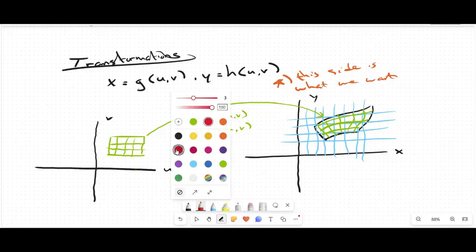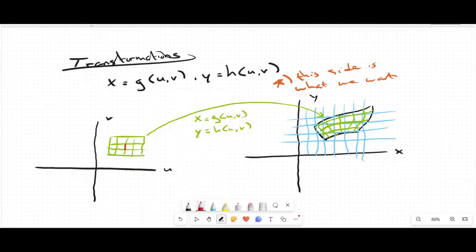But to be fair, for this to work, you will have to acknowledge the size of that little rectangle there is not necessarily the size of the corresponding shape over here. And the change in that volume or area in this case from here to here is regulated by this thing we call the Jacobian.